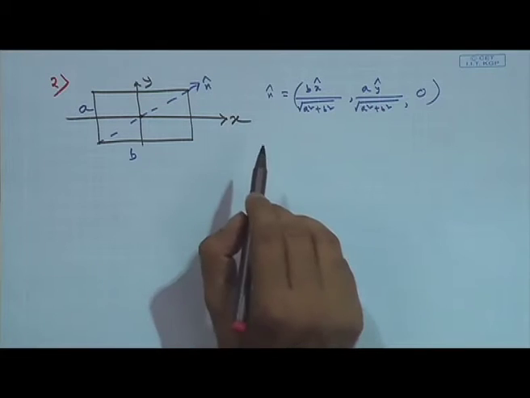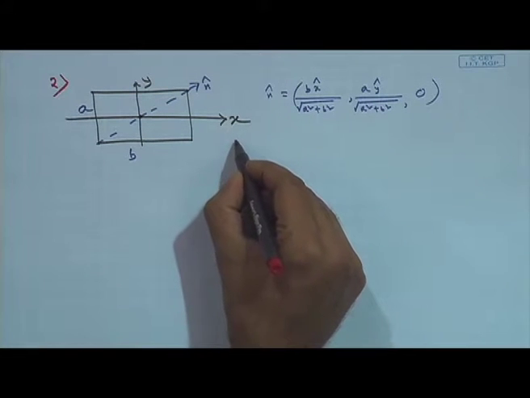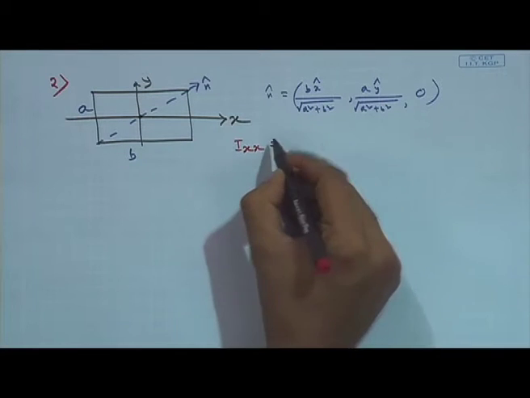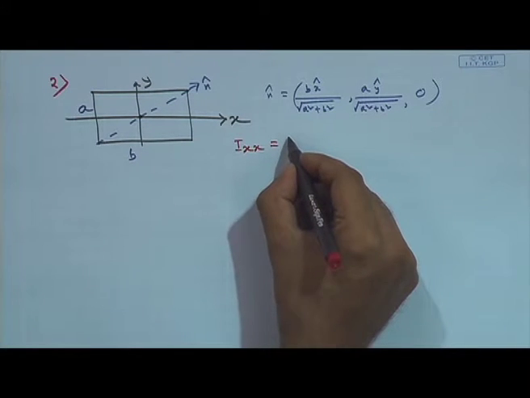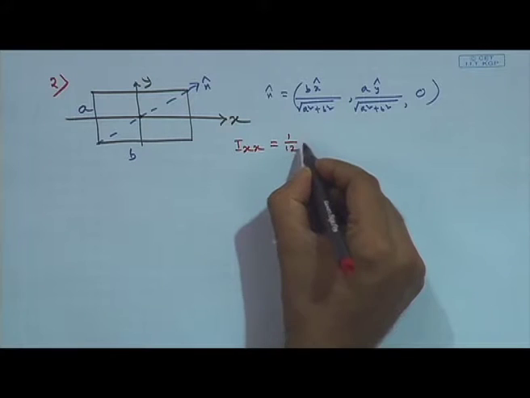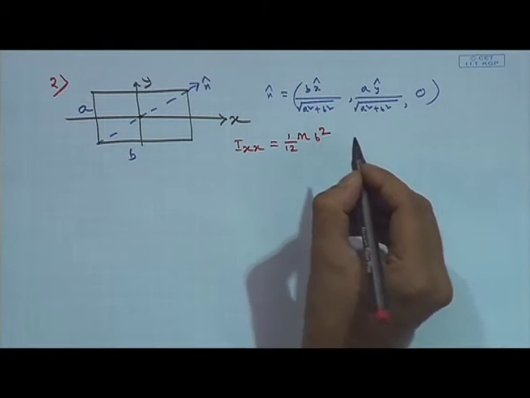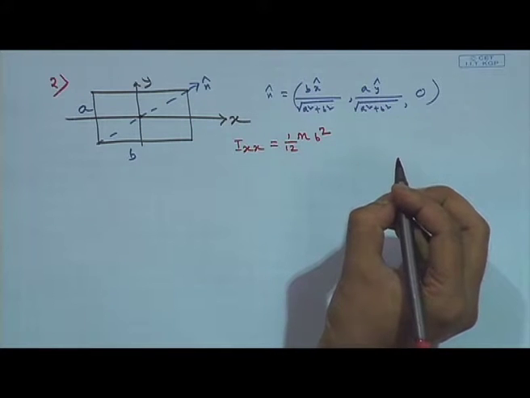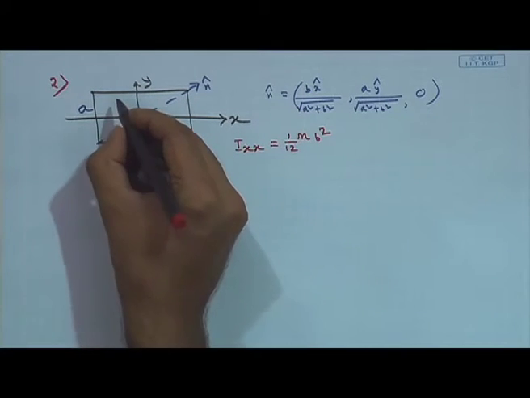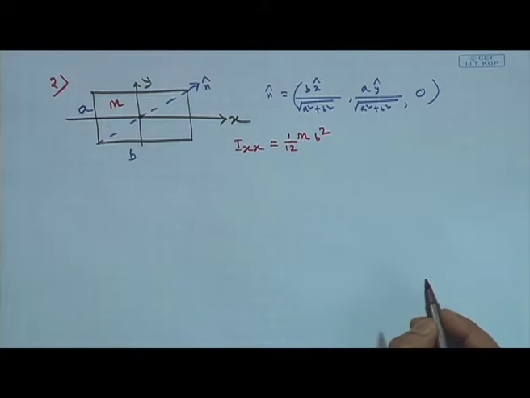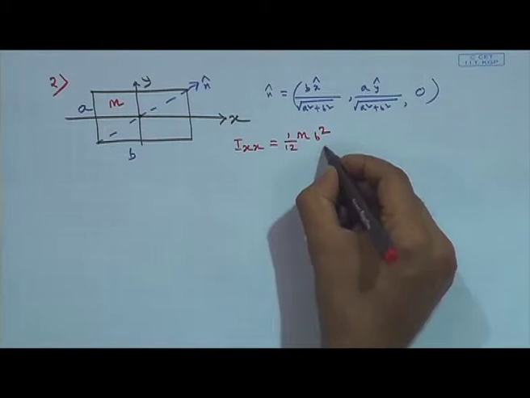There is no mathematics needed, and I can tell you that Ixx, which will be one of the principal moments of inertia, is 1 by 12 m b square, with m being the mass of this lamina.